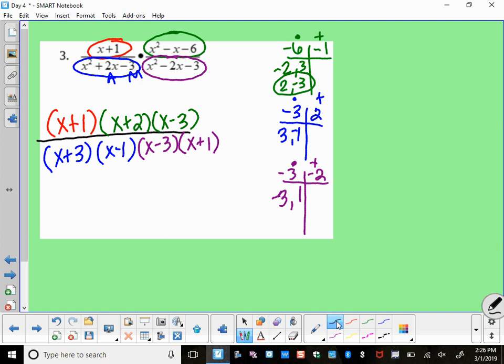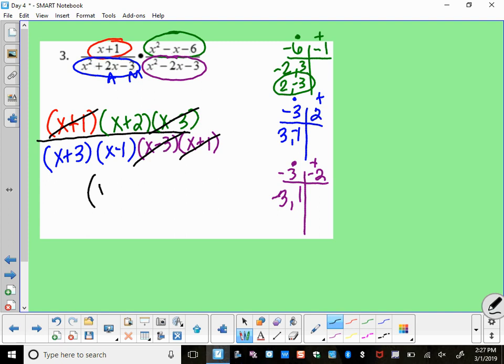Now I need to cancel out. I can only cancel out from top to bottom. I can't cancel anything out if it's on the same line. So from top to bottom, what can I cancel out? Both x minus 3, yep, that can go. What else can go? x plus 1 can go. That's it.